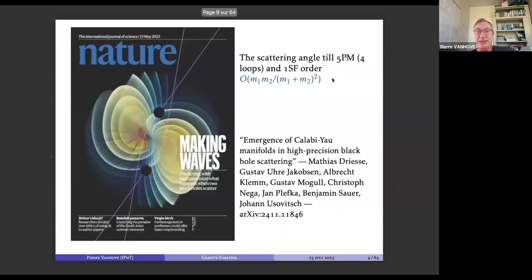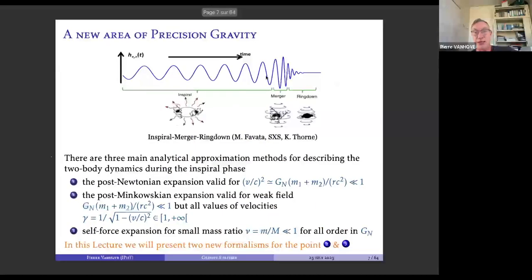And the reason is that there's an estimate that you need to go to some order in perturbation, which is actually the sixth post-Minkowskian order. That will be enough so that you can still approximate the black hole by a point particle, so everything said in this lecture will apply.